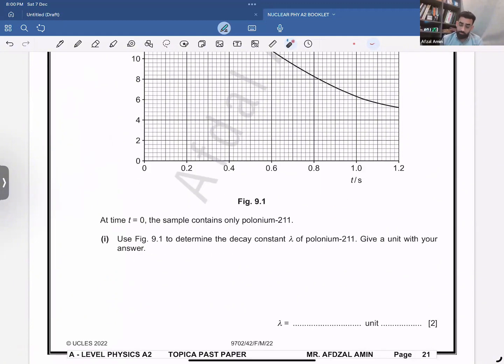Use the figure to determine decay constant lambda. Now lambda is determined by two equations. Either lambda is ln 2 over half-life, or lambda is equal to A over N. N we have, activity we don't have. ln 2, half-life, yes, we have.